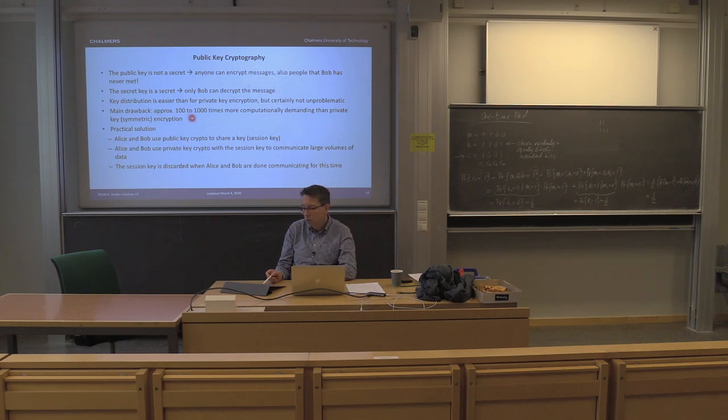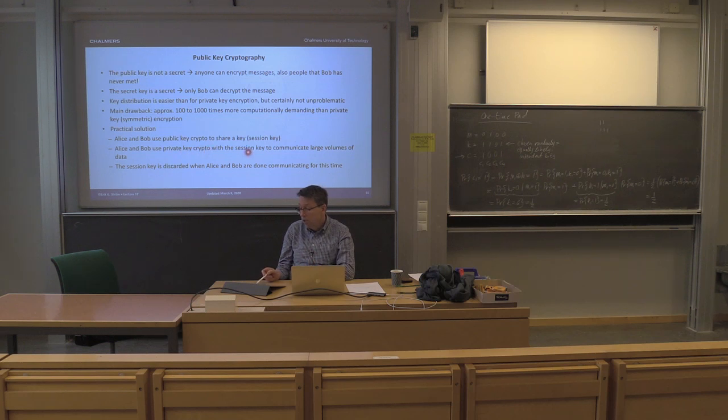So a practical solution is the following: Alice and Bob use public key cryptography to share a key for symmetric cryptography. This is sometimes called a session key. Then Alice and Bob use this private key cryptography, maybe AES or one-time pad. One-time pad is not really used in this, but AES for sure.